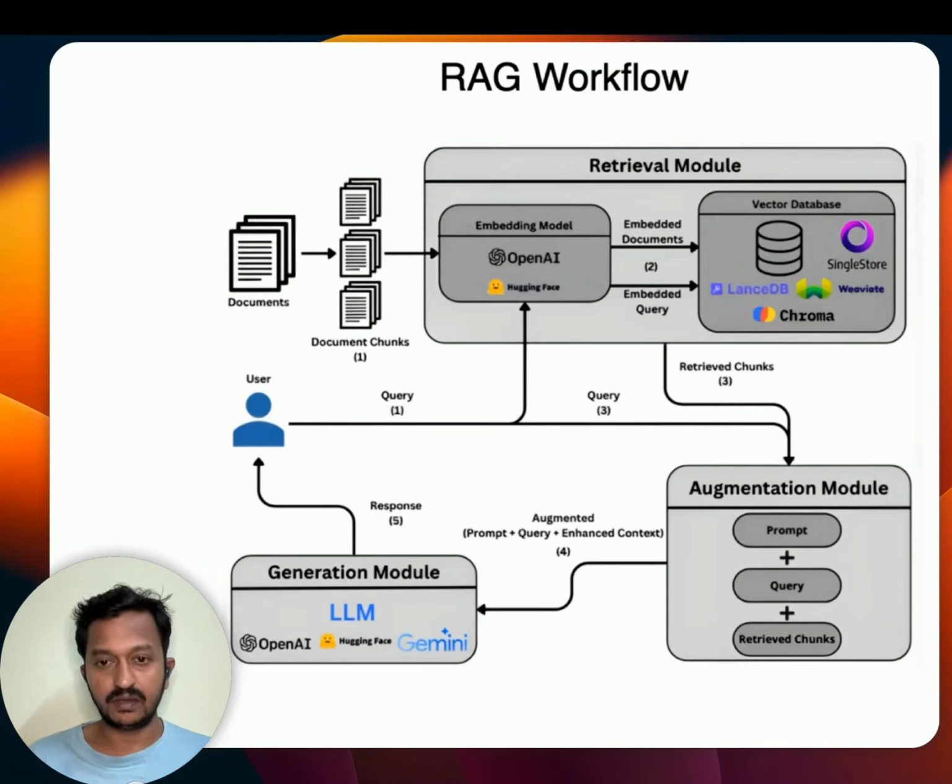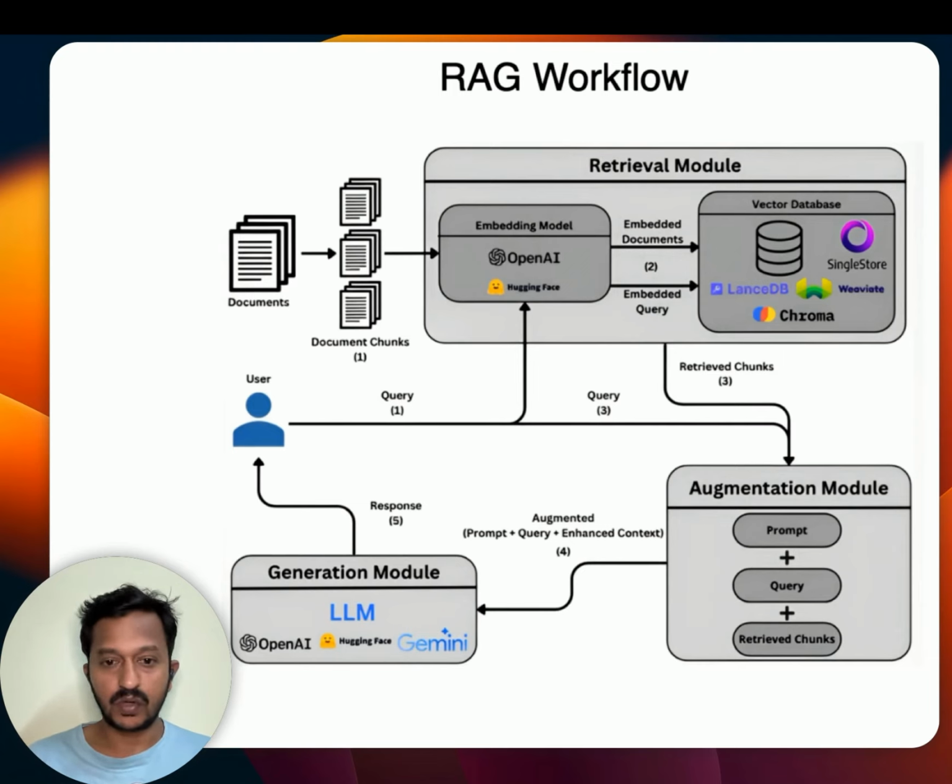Here is a simple RAG workflow if you want to understand more about retrieval augmented generation. It's an approach that leverages an external data source stored in a specialized database, what we call a vector database. On the left-hand side, the documents get split, basically chunks are created from the whole document, and they go through an embedding model.